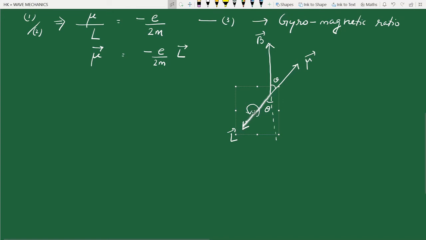If you look from here and the fingers are curling anti-clockwise, then towards you will be the direction of the thumb, and this will be the direction of orbital angular momentum. So this will be the electron's plane of orbit around the nucleus. Again, remember that this is a semi-classical picture.